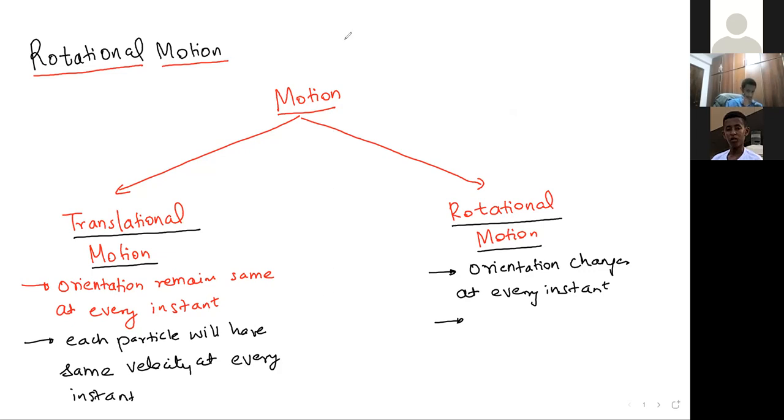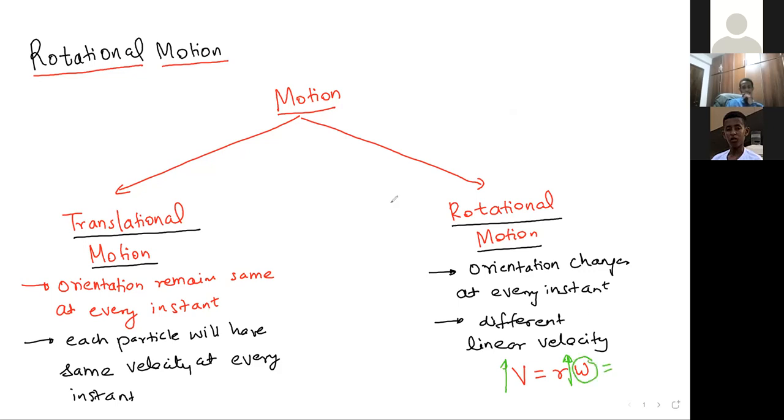They will have different velocities, isn't it? Every particle will have a different linear velocity. As we all know, velocity is given by v equals r omega. So greater the r, greater will be the v, correct? Omega is constant for the body.